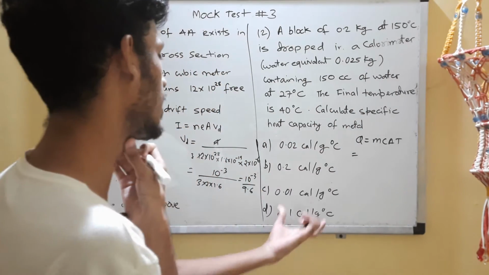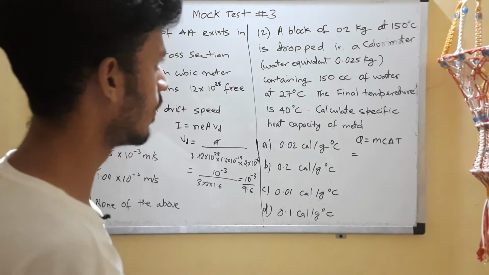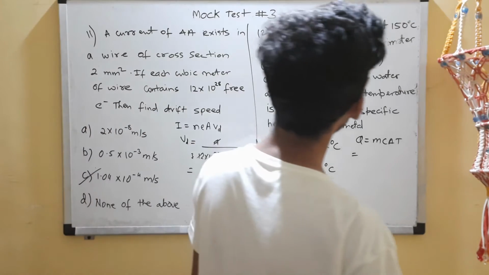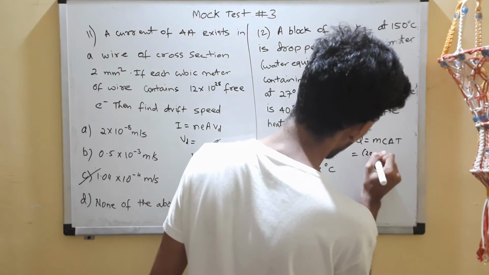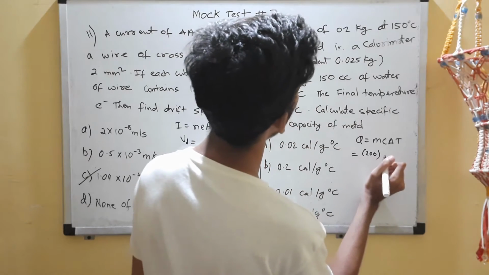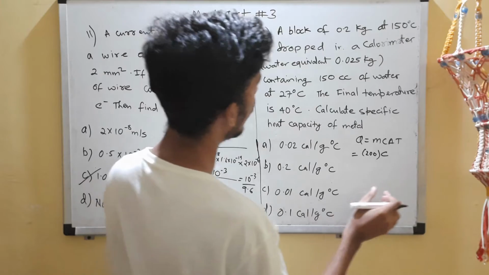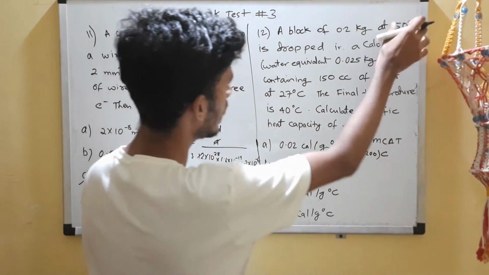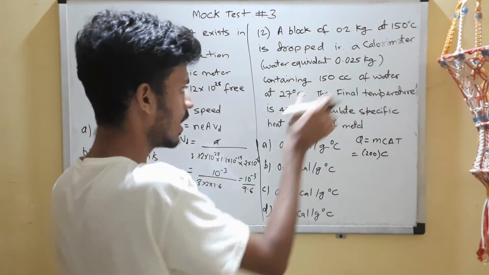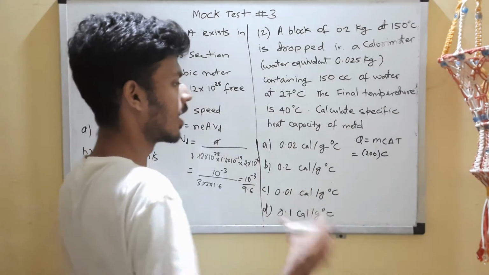Let's express everything in grams because we have everything in cgs, right? 0.2 kg is 200 grams. C is something which we want to find, heat capacity of the block, into delta T. Delta T is change in temperature, so 150, and finally it comes to 40, right?